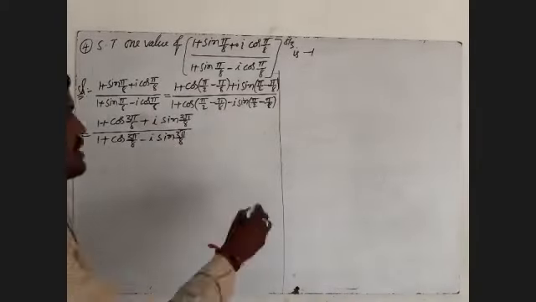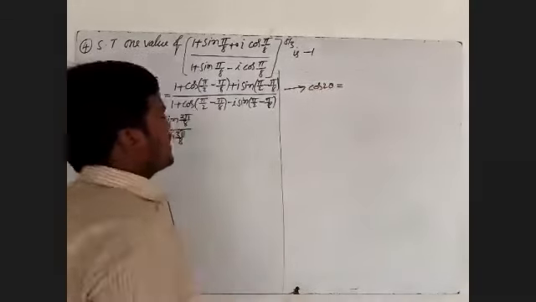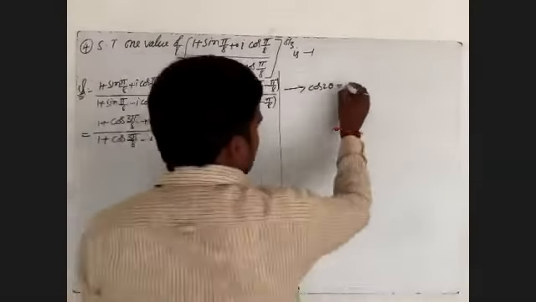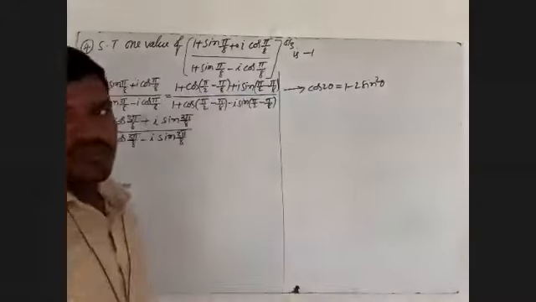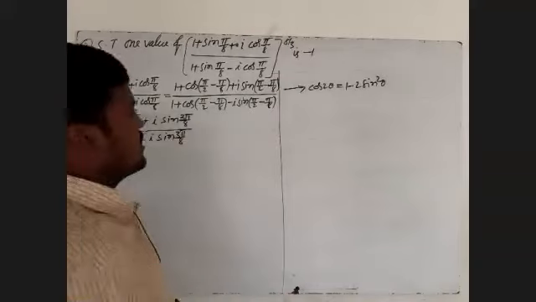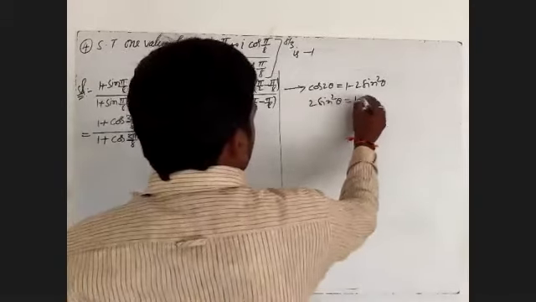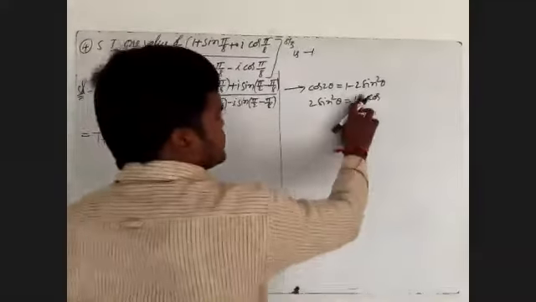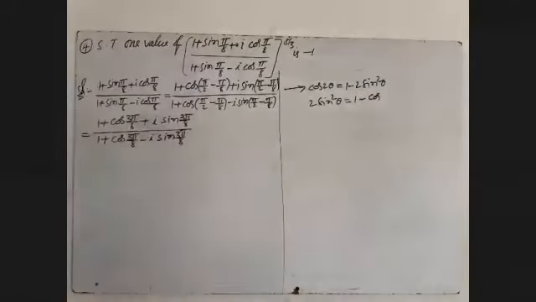We know the formula for cos 2θ in terms of sin θ: cos 2θ = 1 − 2 sin²θ. This value moves to this side, so 2 sin²θ = 1 − cos 2θ.